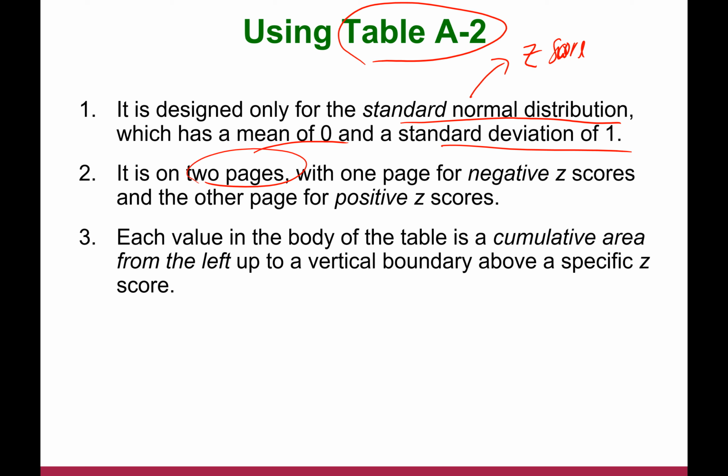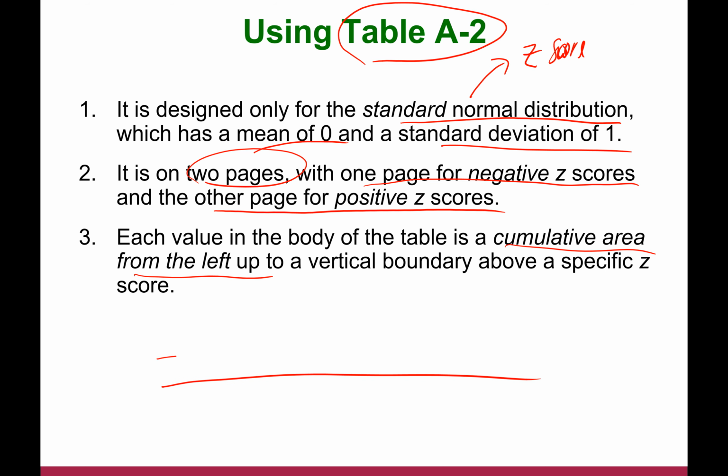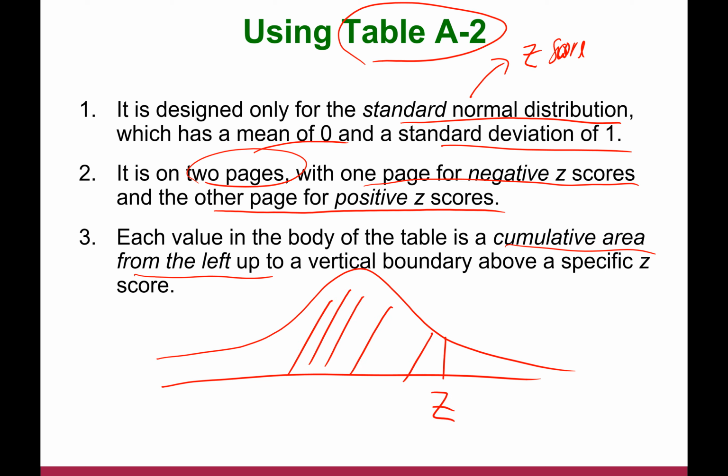The first page is for negative z-scores, the second page is for positive z-scores. Every value in the body of the table is the cumulative area from the left up to the vertical boundary above a specific z-score. Again, given any z-score, the table only gives us the area to the left. Table A2 delivers only the area to the left.